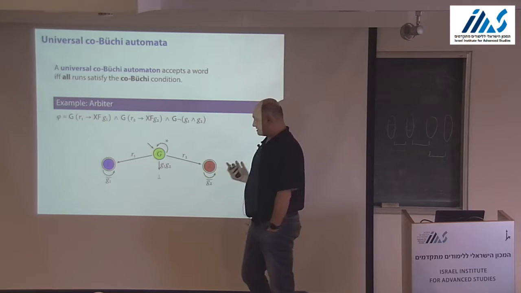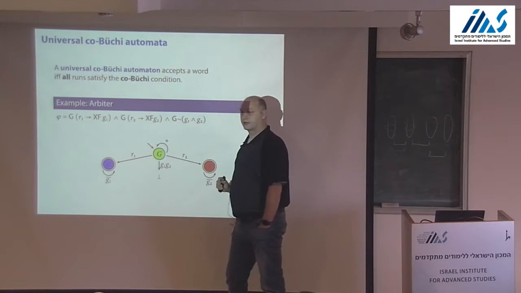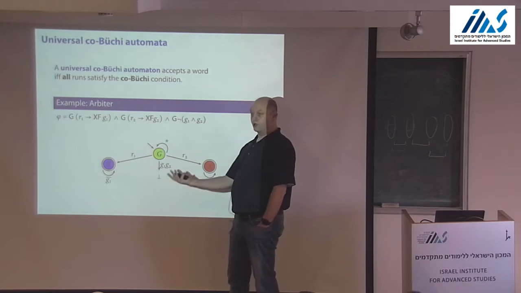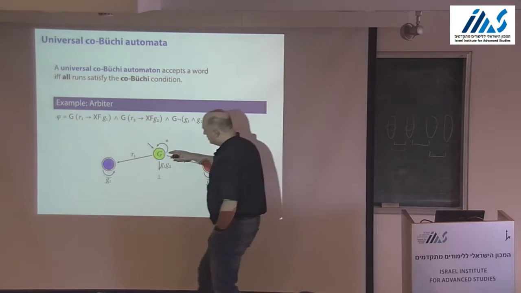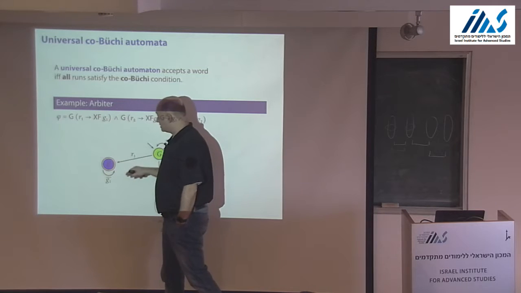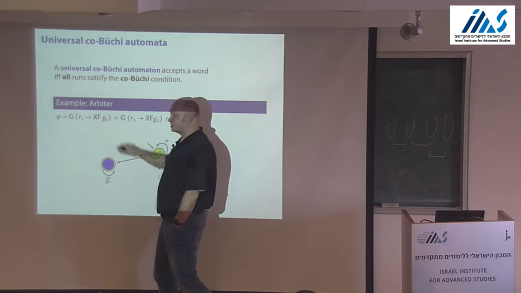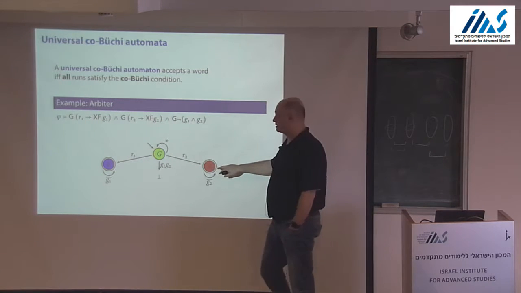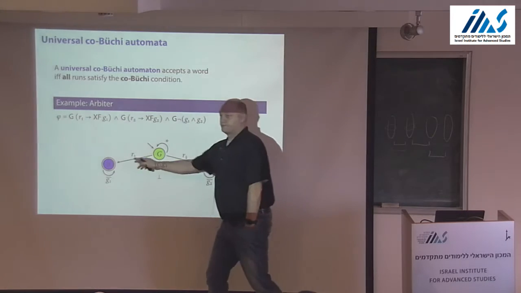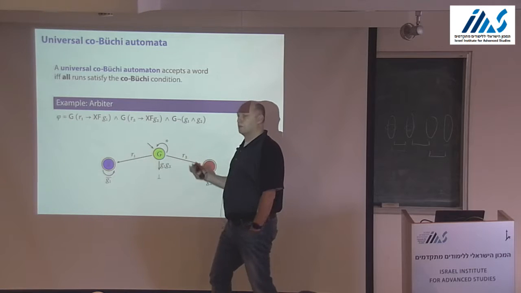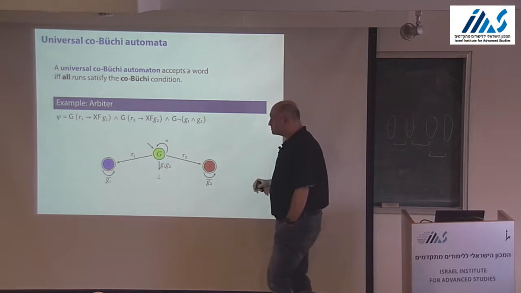Now, the beauty is you can separate these two considerations, because all runs need to be accepting. So this run will handle the property that R1 is followed by G1. This run handles the requirement that R2 will be followed by G2. And since both of them are checked at the same time, we get that both of them must be true.